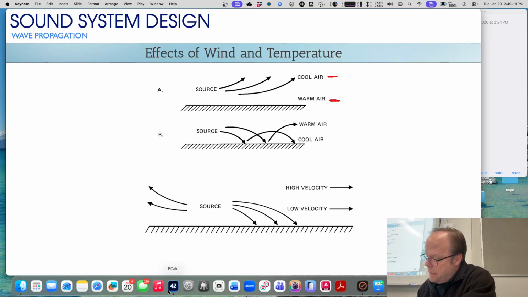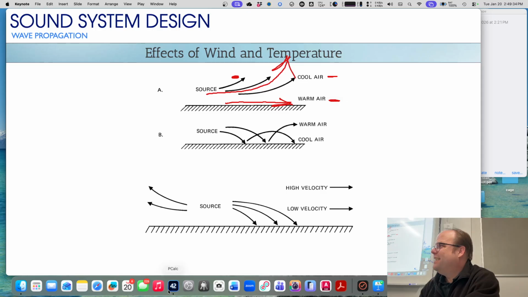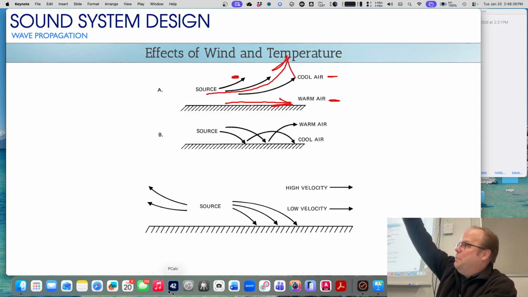Because the sound down here is moving faster and the sound up here is moving slower, it kind of directs that energy up. That energy collects up above where the cold air is, because it can't move up there as efficiently.